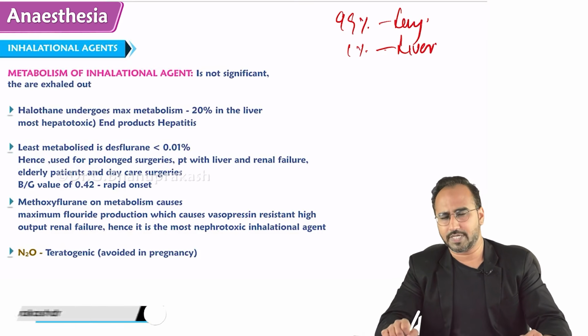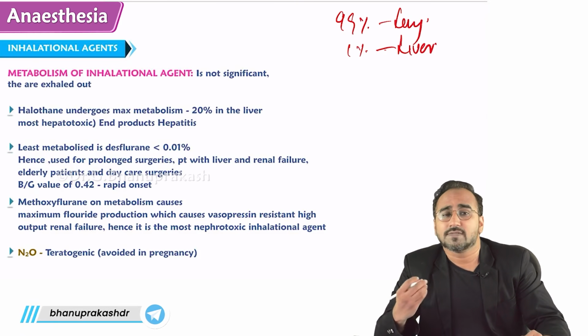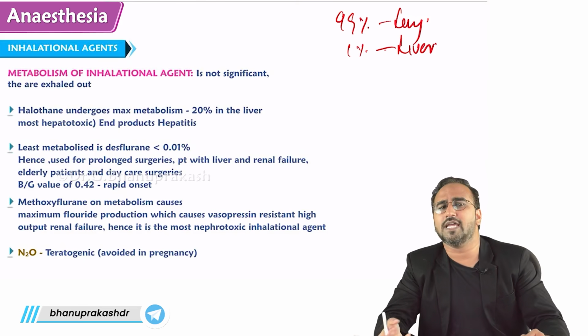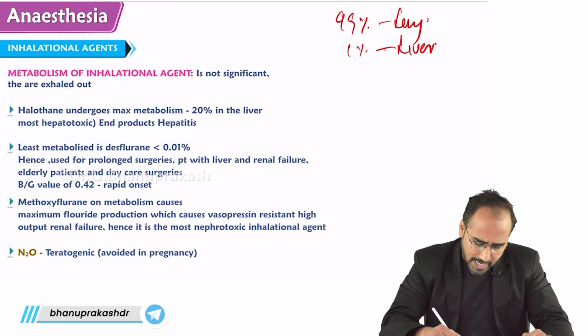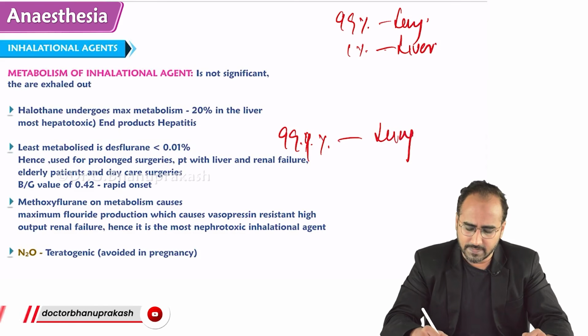That's regarding halothane. Next is Desflurane. Desflurane is the least metabolized in the liver. 99.9% of its metabolism is occurring in the lungs.